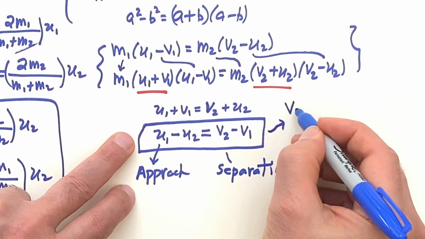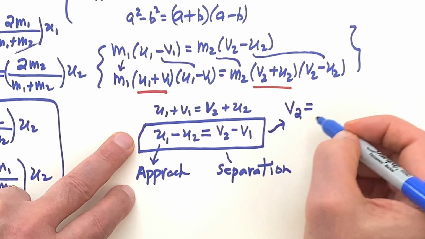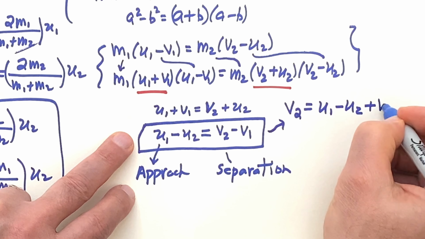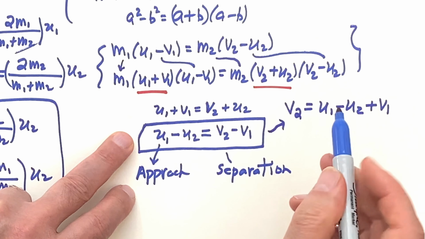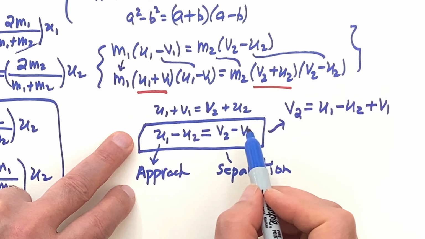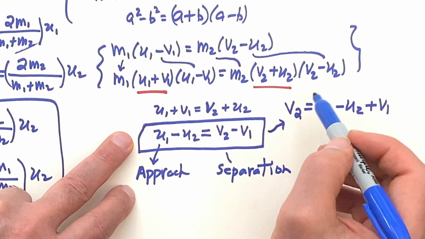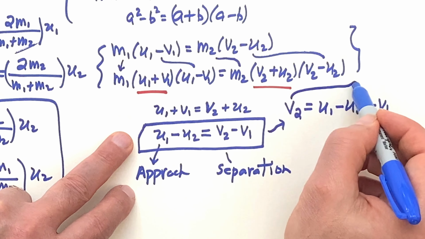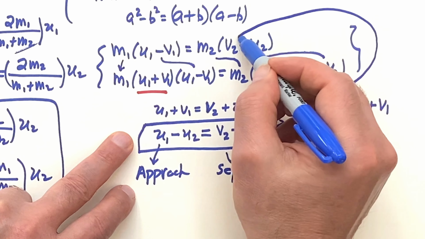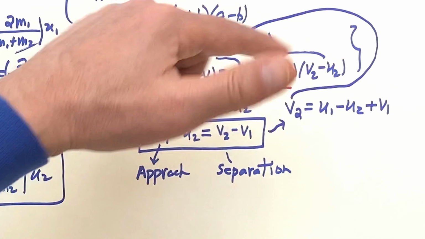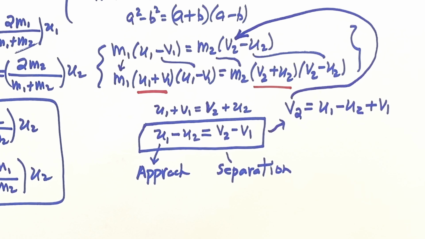In other words, V2 is equal to U1 minus U2 plus V1, by simply bringing the V1 to the left-hand side of the equation. Then what we can do is take this V2 and put it in there. That equation looks simpler than all this stuff. And then solve for V1. All right, so that's the logic.